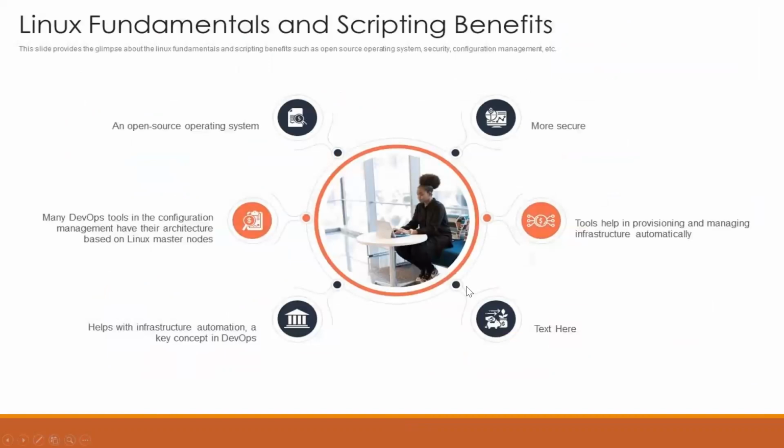And Linux also: Linux fundamentals and scripting benefits. Why do we need it? It helps with infrastructure automation, a key concept in DevOps. Many DevOps tools, and the tools in configuration management, have their architecture based on Linux master nodes. Kubernetes, containers, everything, AWS, every cloud is based on Linux.